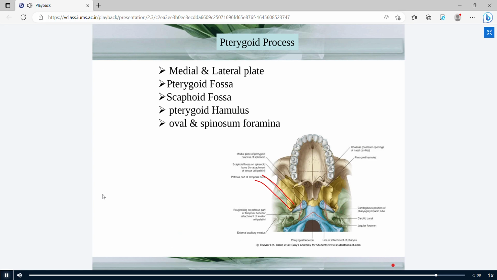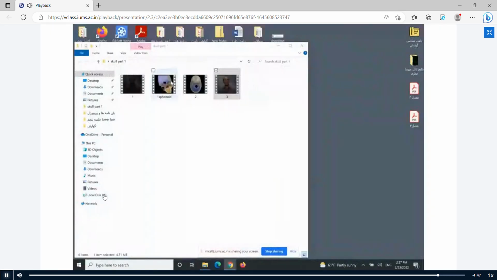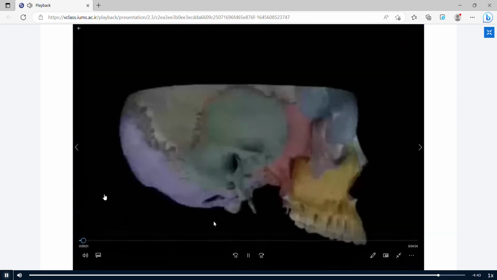Okay, I share the screen from my laptop, and please look at the video about the sphenoid bone. Now we'll move on to look at the sphenoid bone.